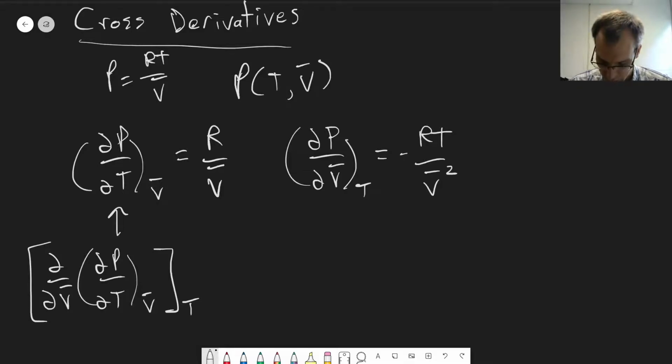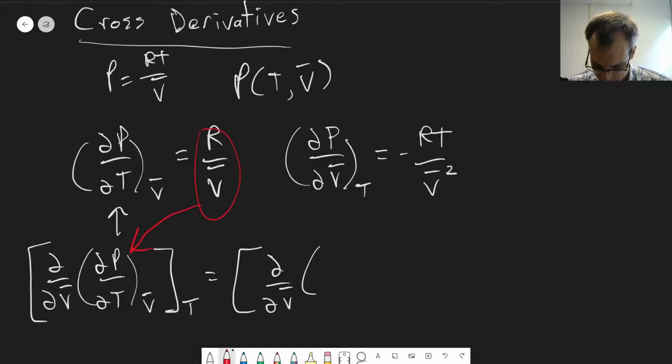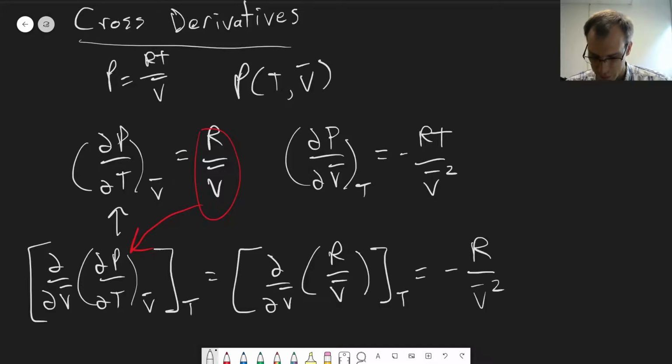We substitute what the value of this derivative was. We put R over V bar, at constant T, and we'll get minus R over V bar squared.